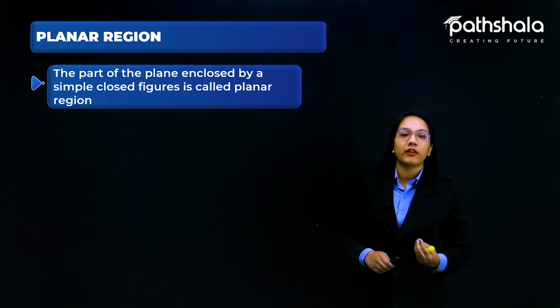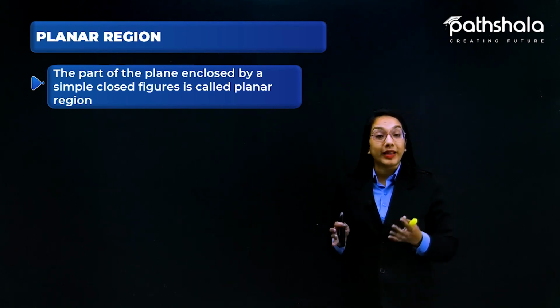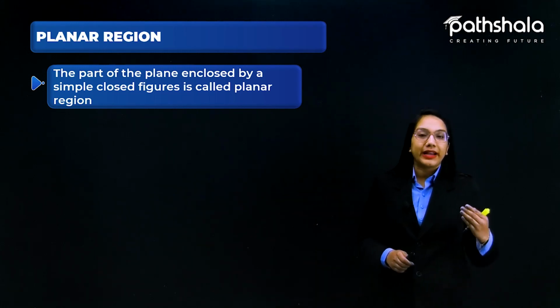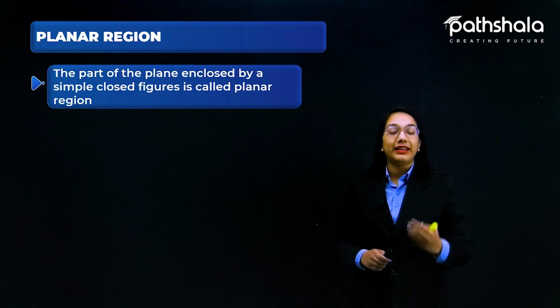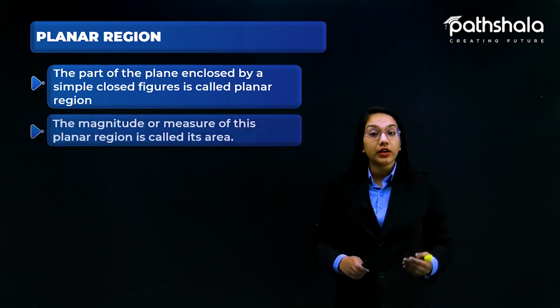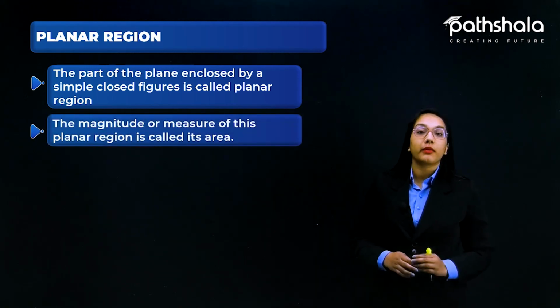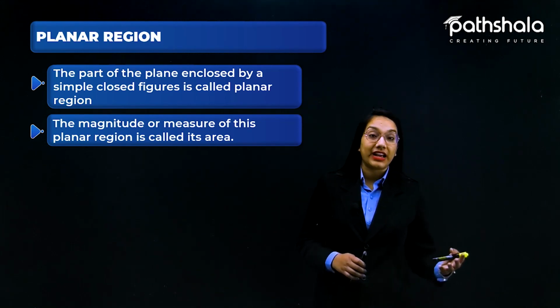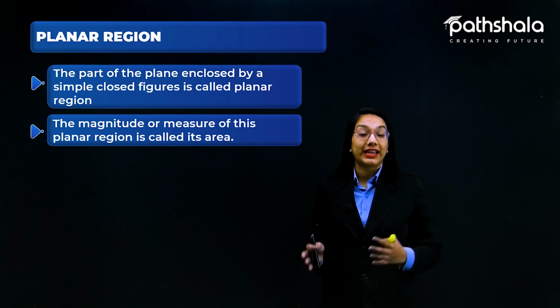So always remember, the part of a plane which is enclosed by a simple closed figure is called a planar region. Furthermore, the magnitude or the measure of this planar region is called its area.